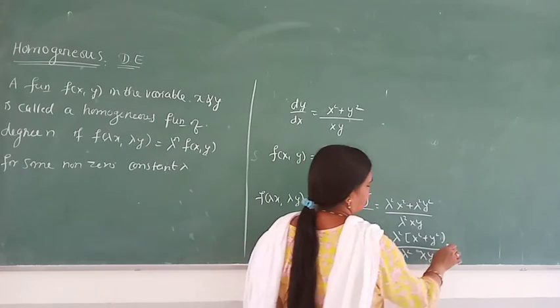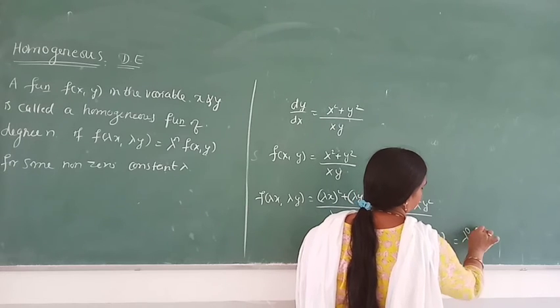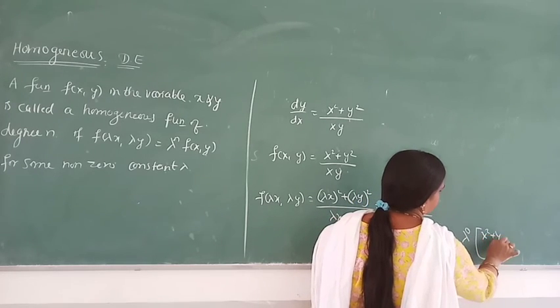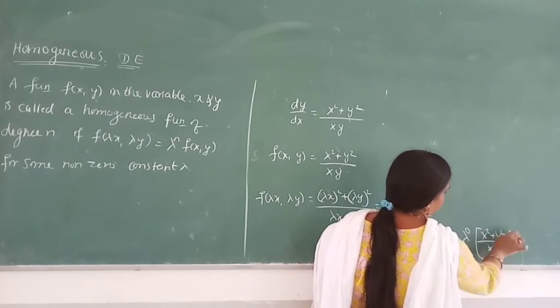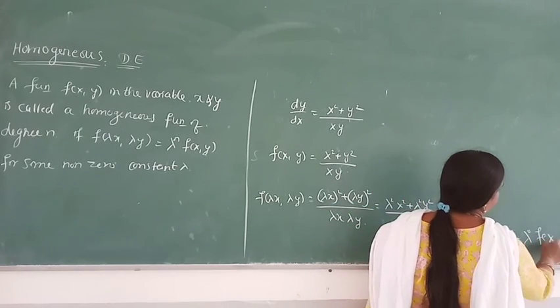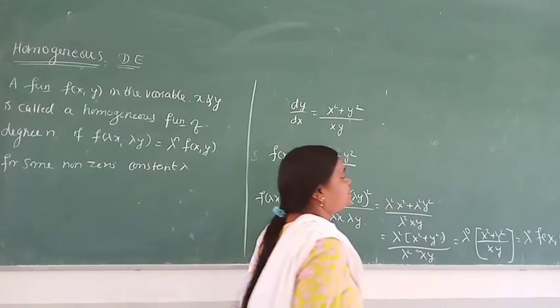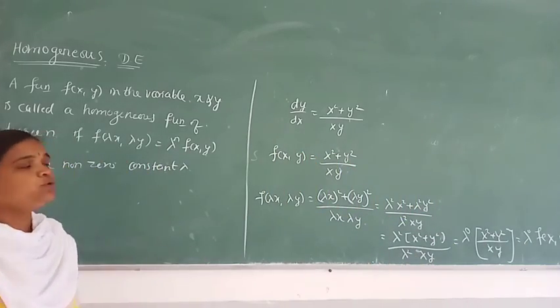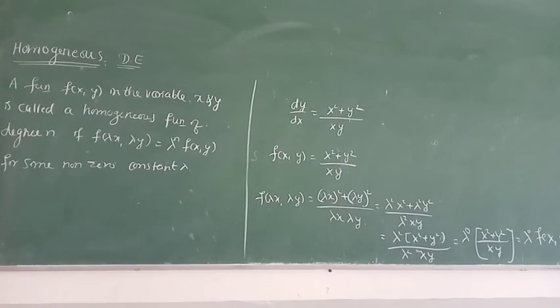Lambda square gets cancelled. We get lambda to the power 0 x square plus y square divided by x into y, so we get lambda to the power 0 f of x, y. Again the function f of x, y exists. Therefore it is a homogeneous differential equation of degree 0.